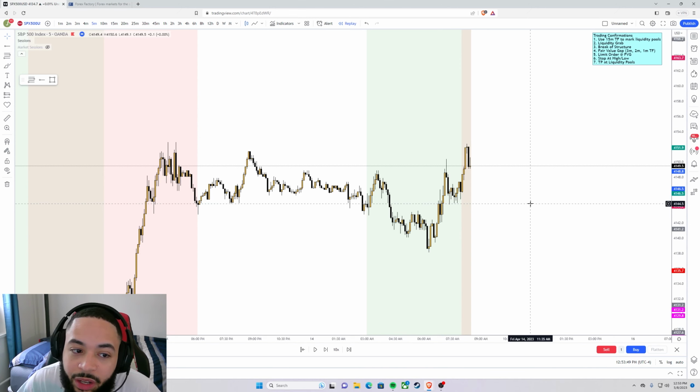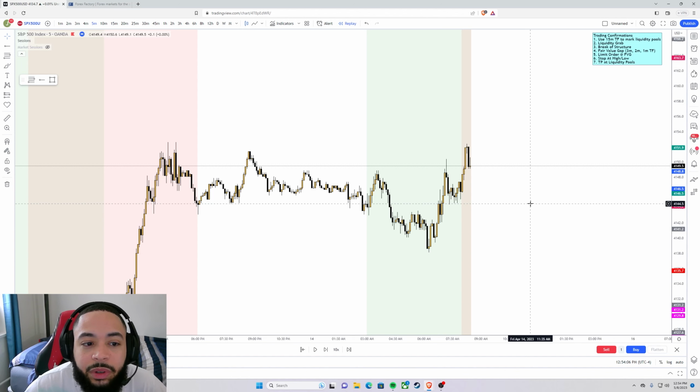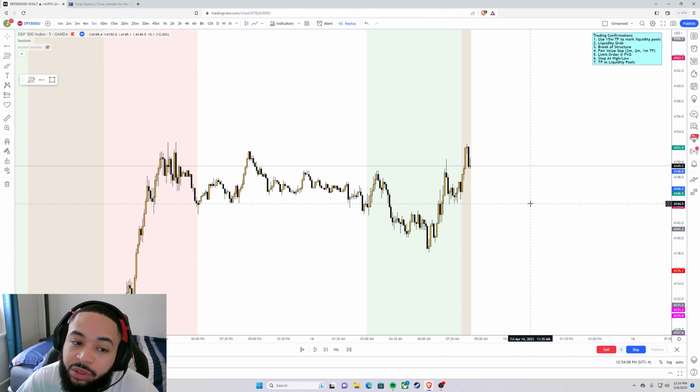So we'll see. I might end up trading probably both pairs, but I definitely want to dedicate time to S&P because I think its moves are a lot cleaner. Like I think it's more obvious when it generates liquidity pools in terms of equal highs, equal lows, things like that. So I think it's probably easier for someone to start off trading S&P as opposed to NAS.